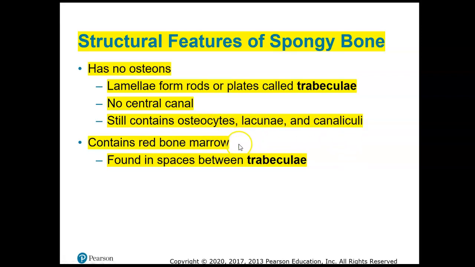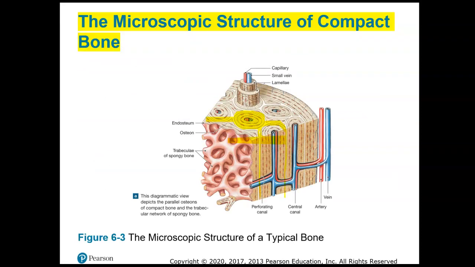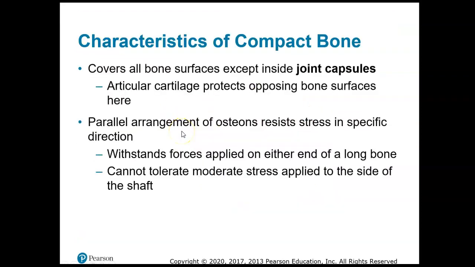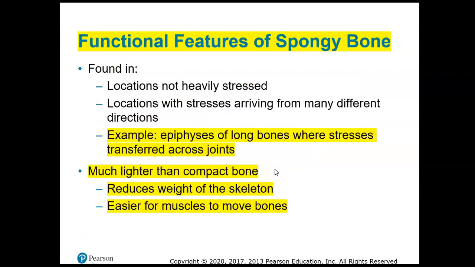The spongy bone or cancellous bone, remember, contains the red bone marrow that's found within spaces between the rods and the plates called trabeculae. That's listed twice here for some reason. So I just always associate compact bone with units called osteons, and spongy bone with units called trabeculae.